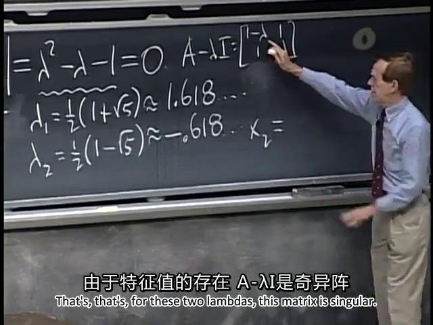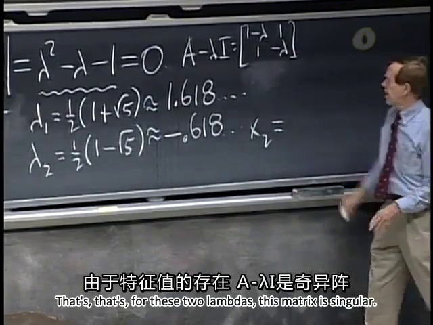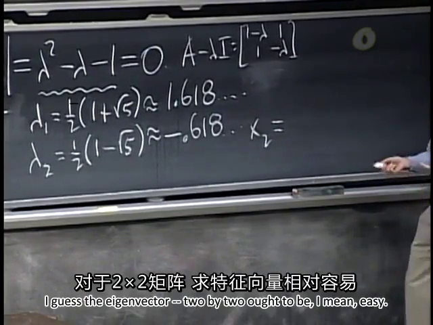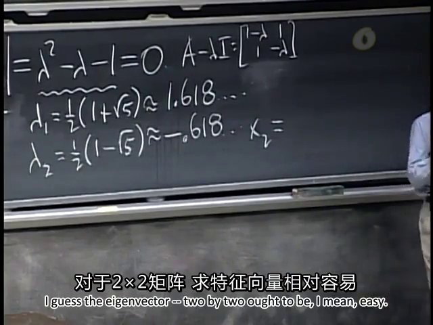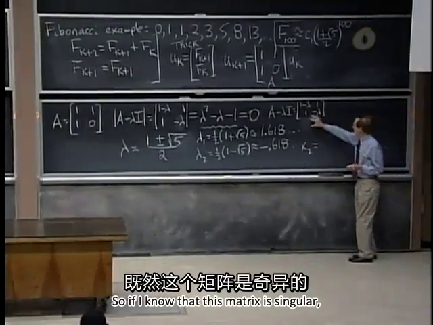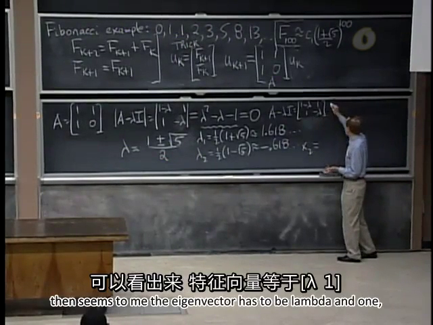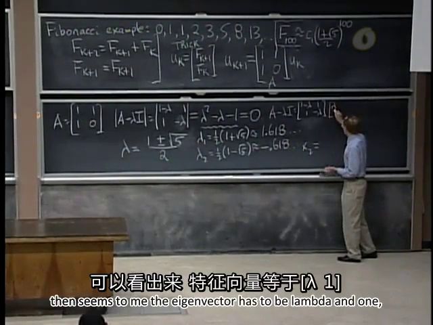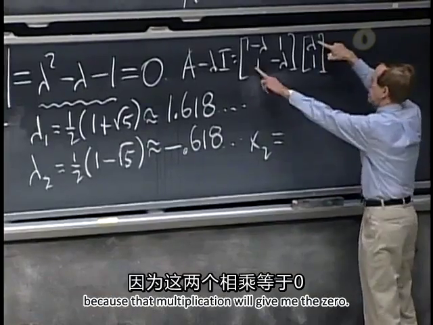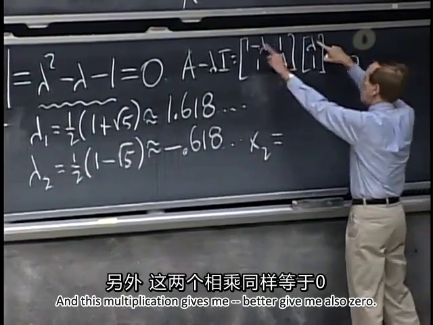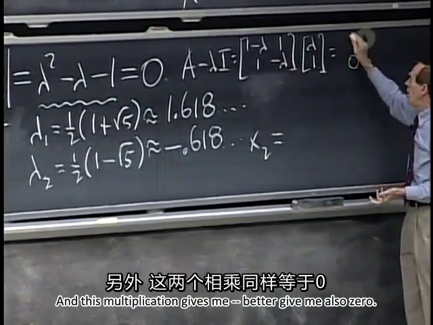For these two lambdas, this matrix is singular. The eigenvector for 2 by 2 ought to be easy. If I know that this matrix is singular, then the eigenvector has to be lambda and 1, because that multiplication will give me the 0. And this multiplication better give me also 0.